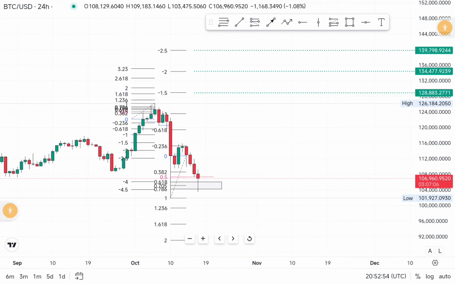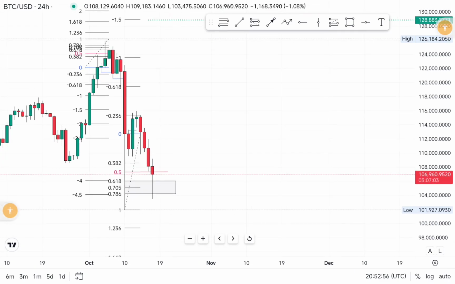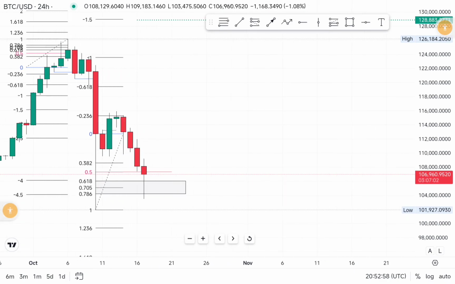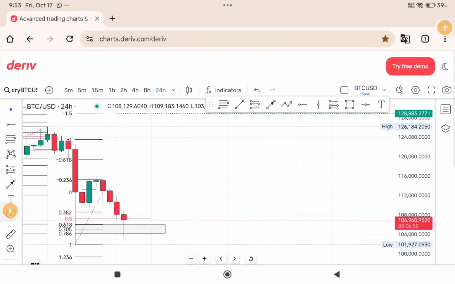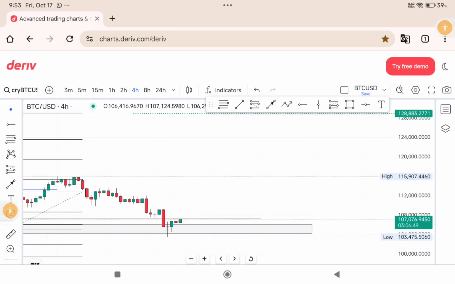This will serve as our reference point in the lower time frame for entry and exit. So let's move to the lower time frame. That's the 4 hours chart.